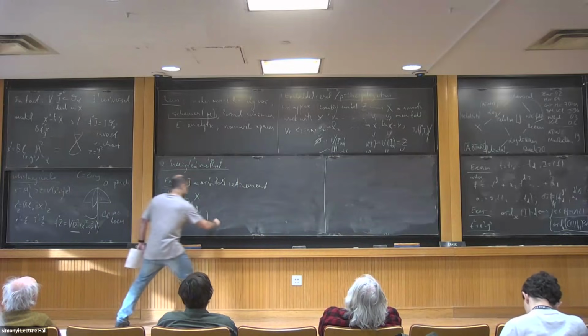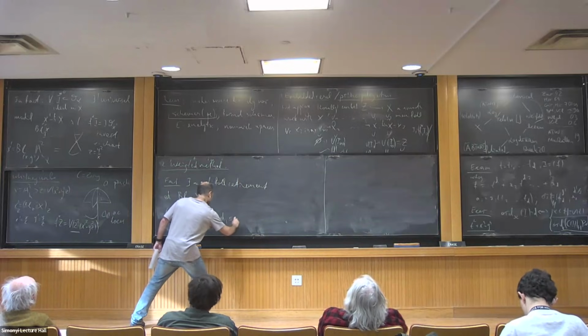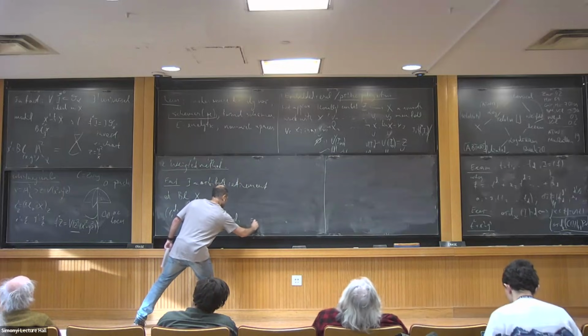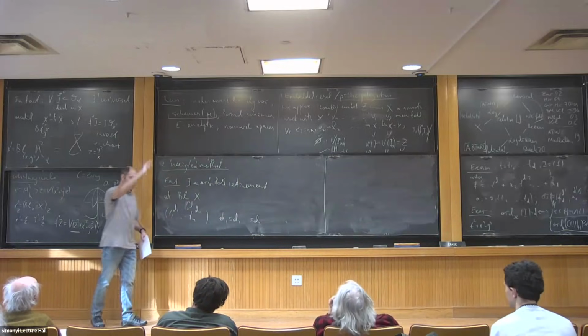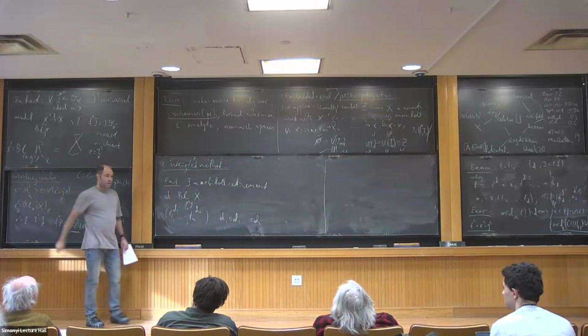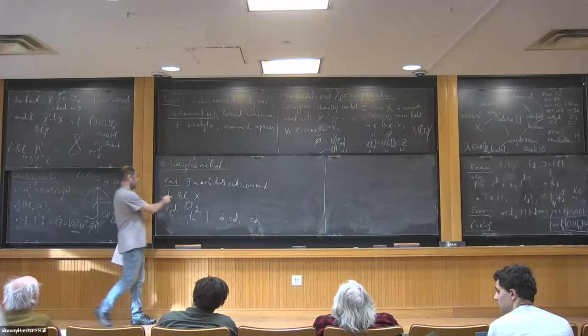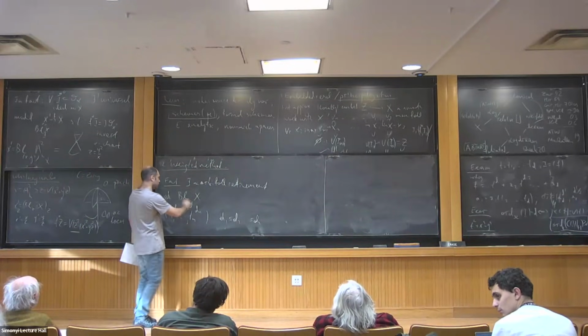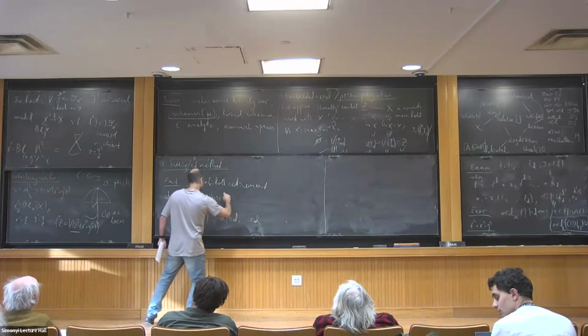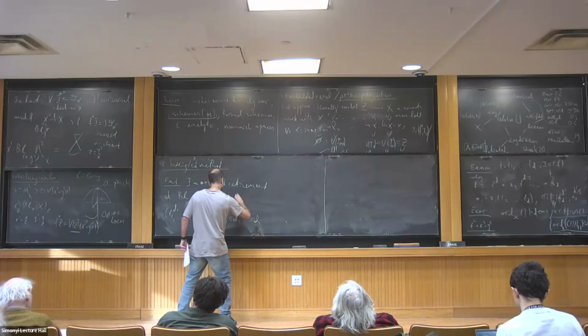And let me always assume that d1 ≤ d2 ≤ ... ≤ dm. We will always order our centers in this way. So one takes now centers with weights, and there is a stack-theoretic refinement of this, which is smooth.